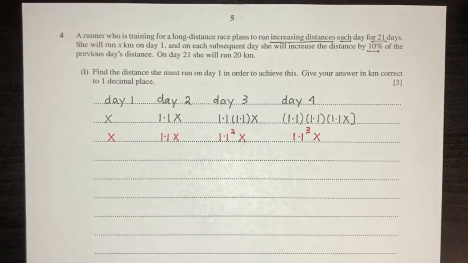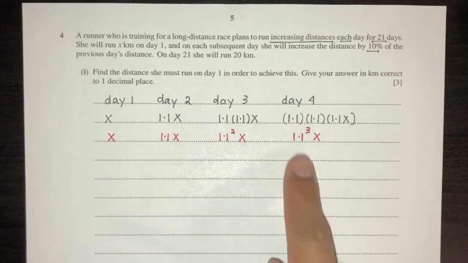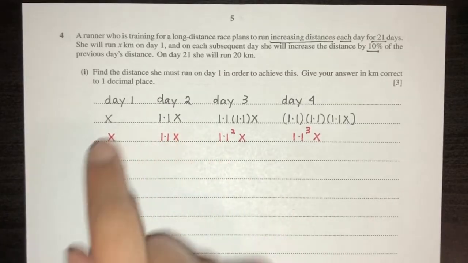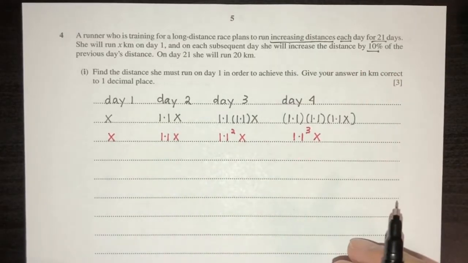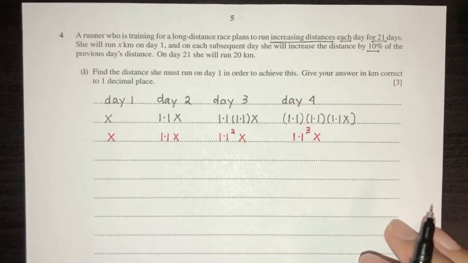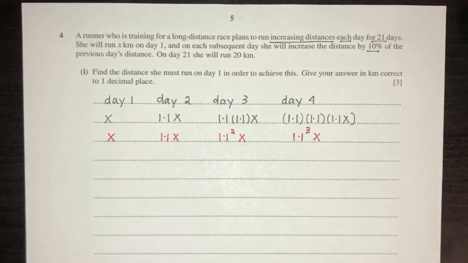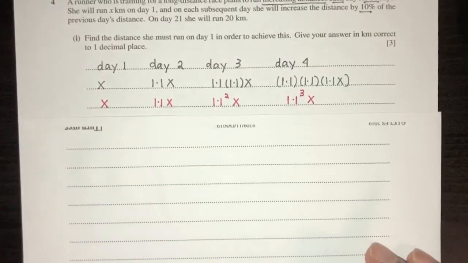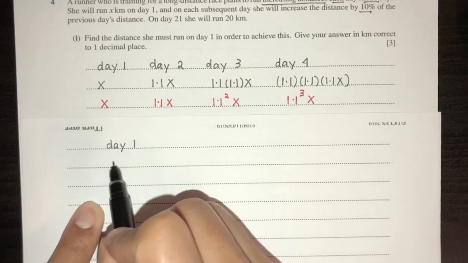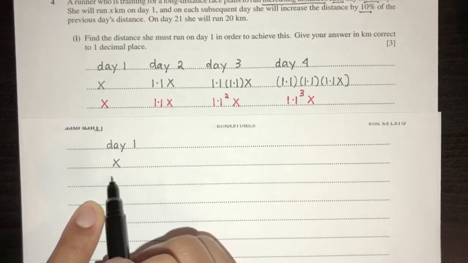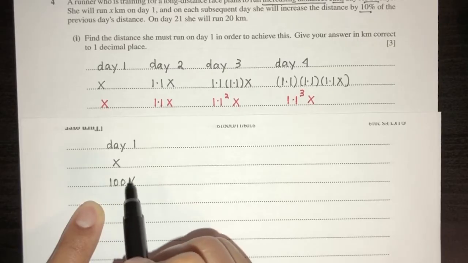Now one question that I get a lot is, how is this 1.1? Why is this 1.1? Because if it's only 10%, why is this 1.1? The reason is, let me write this down here. Basically how we look at this is, on day 1 she runs x, so we see x as 100%.